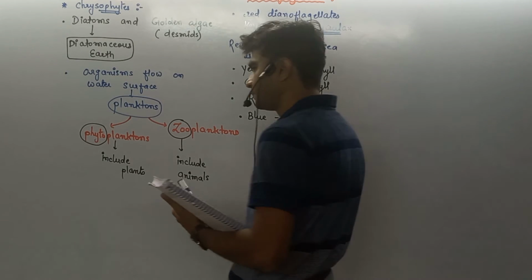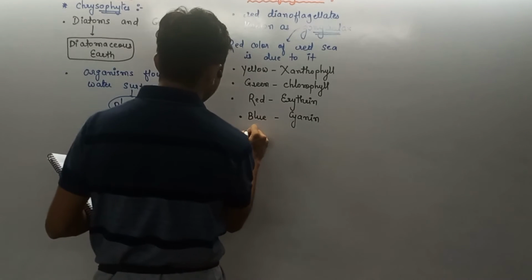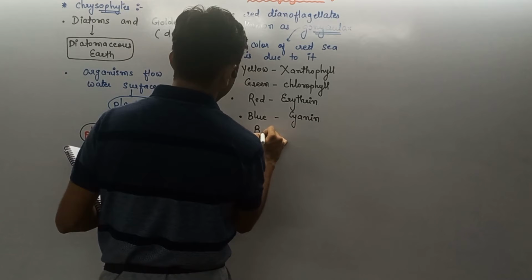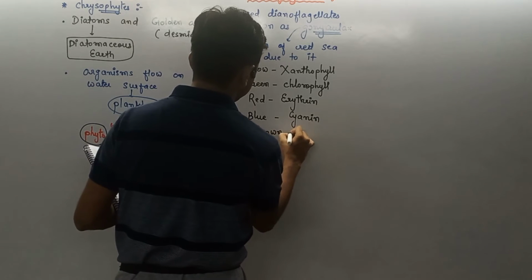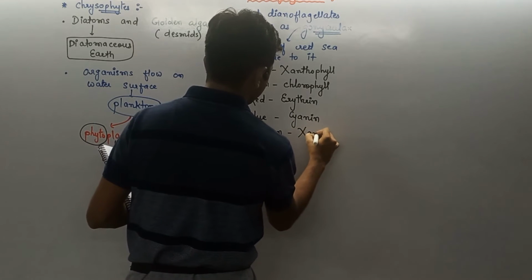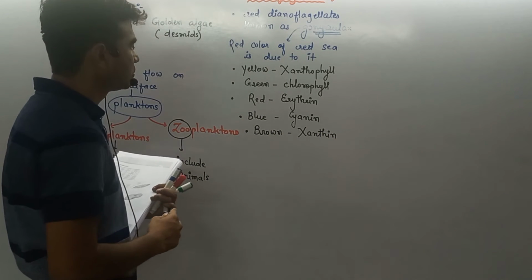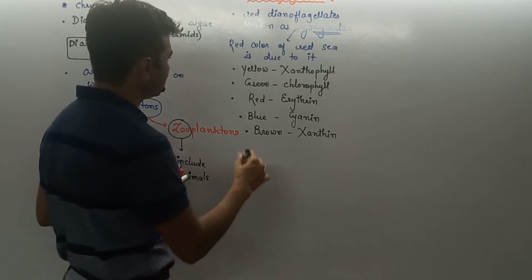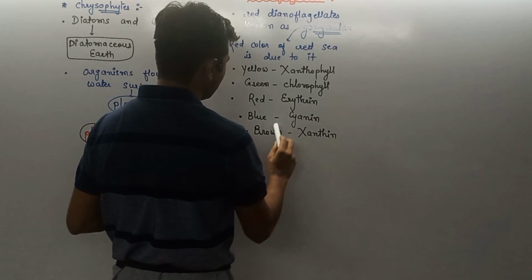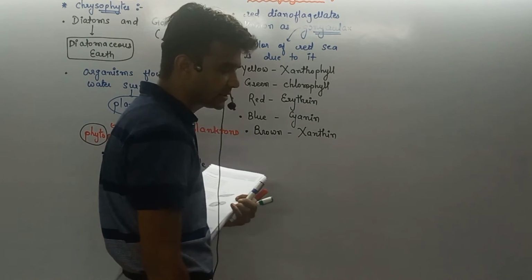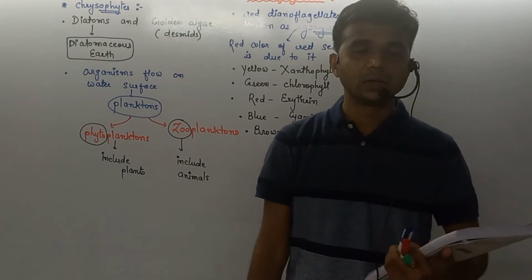And brown color, that is xanthine. So don't make the mistake here. The yellow color is due to the xanthophyll and brown color is due to the xanthine.